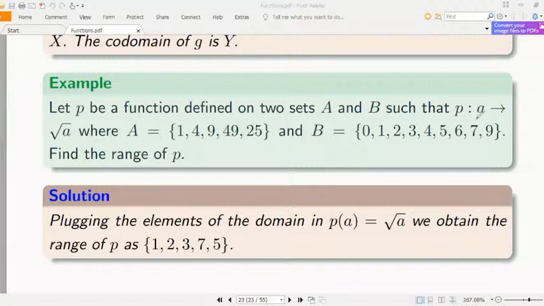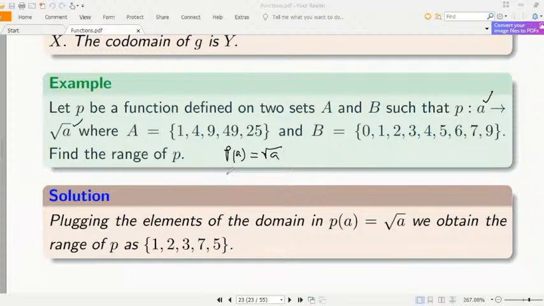And I'm seeing the definition here, that the object has its square root as the image.